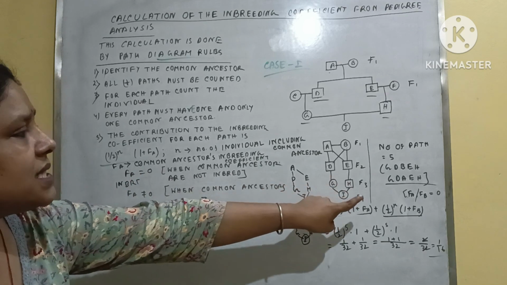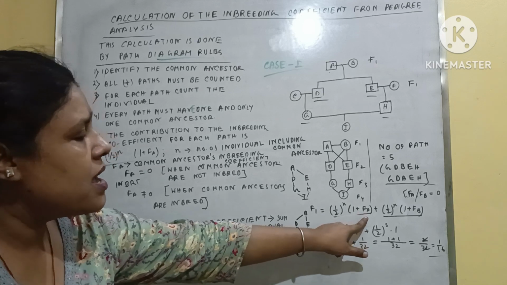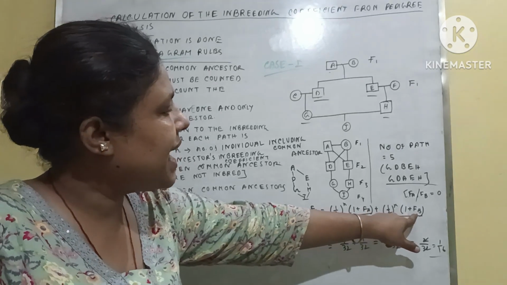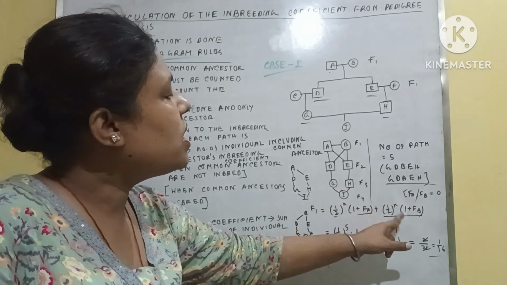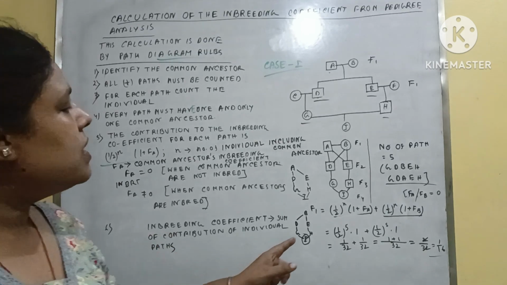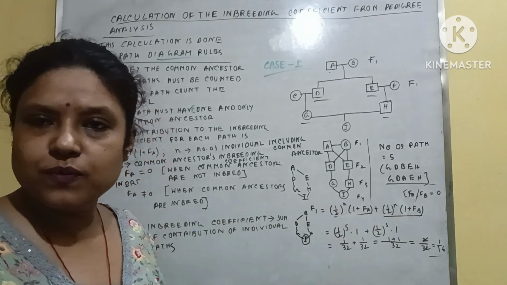In the second path, FB is also 0, because inbreeding is not occurring in either route. Clear? So FA is 0 and FB is 0.